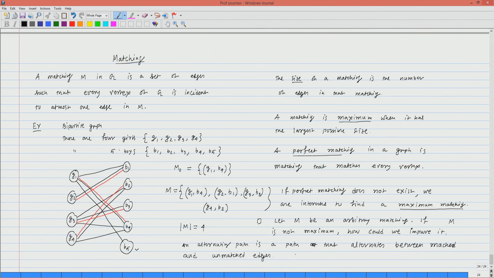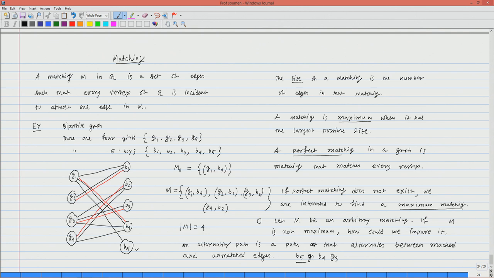So, B5 to G1, this is an unmatched edge, and then from G1 to B4 this is a matched edge, and then B4 to G3.